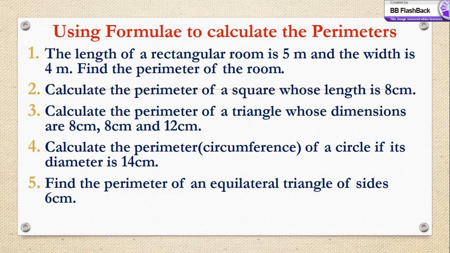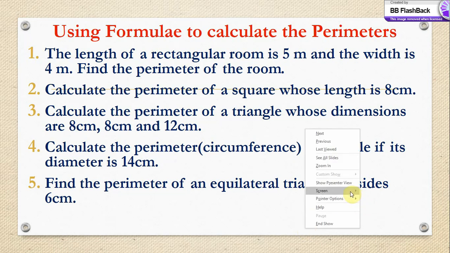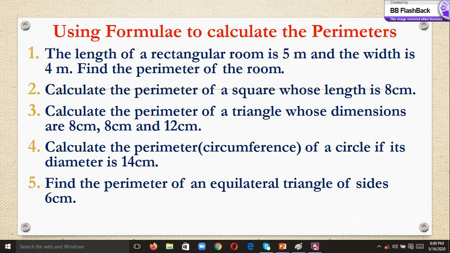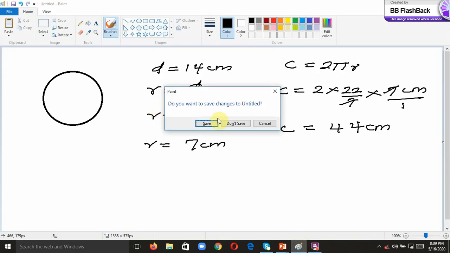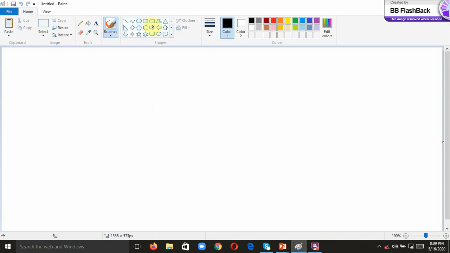So very quickly, let's do that. We know the perimeter of a triangle already. So let's just calculate. Let me draw the shape. Okay. So remember, it is an equilateral triangle. So this one side is 6 centimeter. This will also be 6 centimeter.